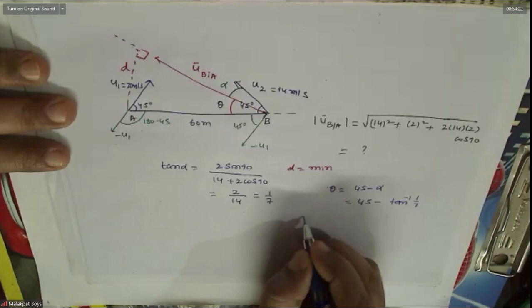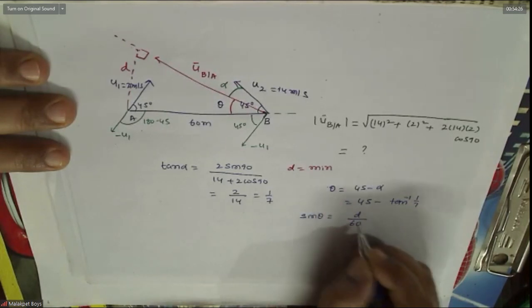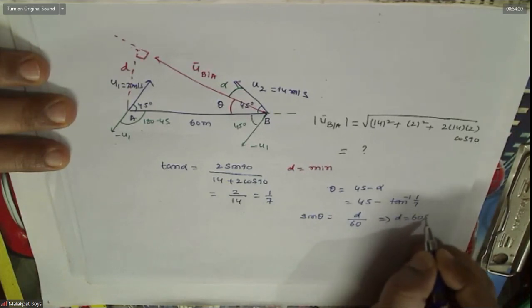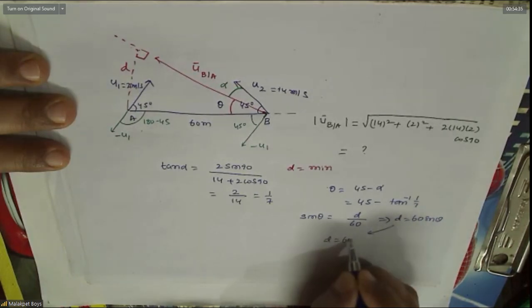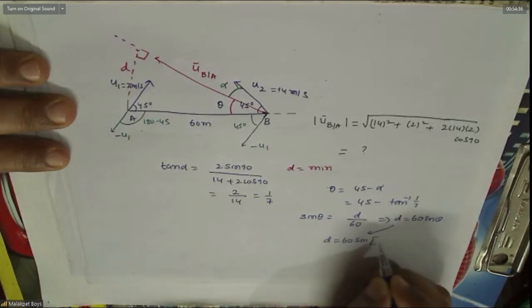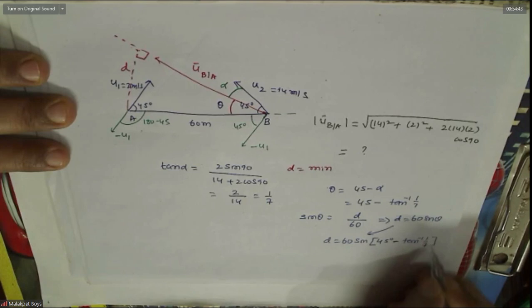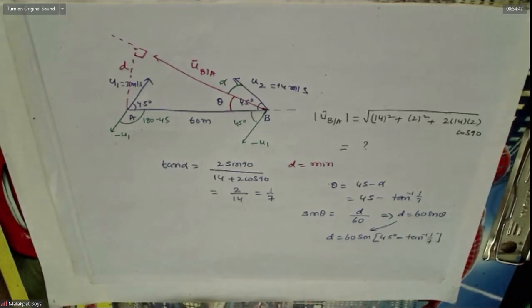Now you can see from the triangle, sine theta is d by 60. This is nothing but d equals 60 sine theta. Understood this? Any doubt is there?